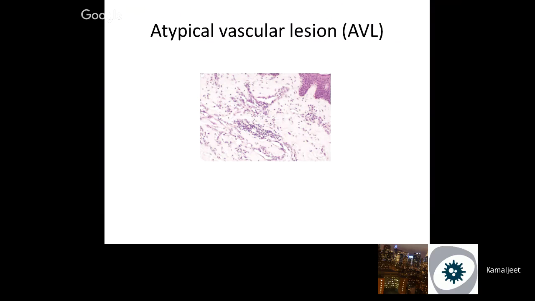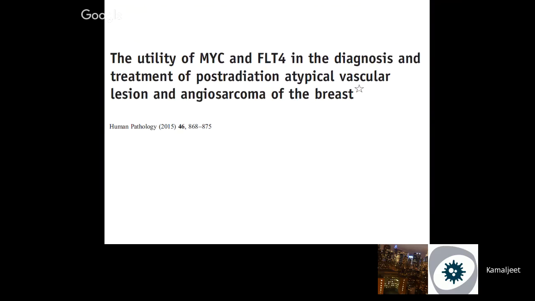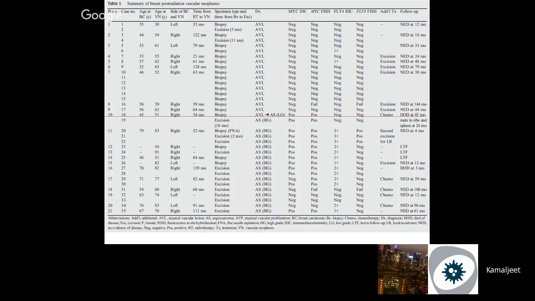What you want to do is completely excise it, because you cannot entirely rule out a low-grade angiosarcoma. You can also do a MYC IHC or FISH. Based on this paper, in their experience, all the AVLs except one were negative for MYC, and the one that was positive developed angiosarcoma. So it's helpful if you are stuck.